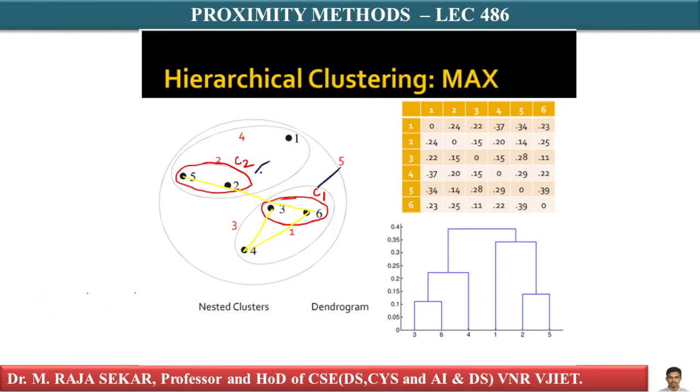The similarity between 5 and 6 is farther away compared to 3 and 4 and 6 and 4, and hence point 4 will be grouped to C1 and not C2.